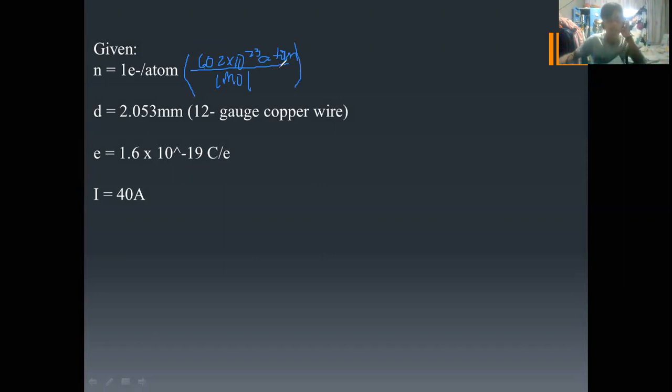Kaya dyan, makakancel tong atom, magiging mole siya. Tapos yung mole, para ma-convert natin siya sa gram, 1 mole is equal to 63.54 grams. Cancel naman dito yung mole.